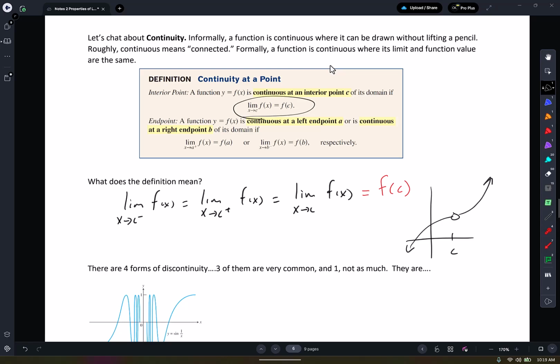Now, check it out. If I fill in that hole, is it continuous now? Now it is, because now you added this part here in red. Now you're continuous. Not only are you converging at that point, but you're also defined there, which happens to be the same as your limit value. So this is the definition of continuity. All right, guys, go ahead and write.